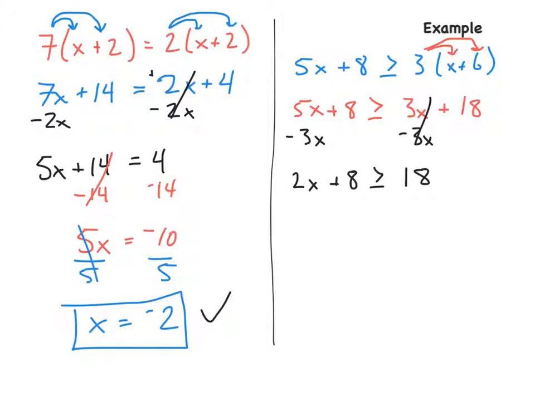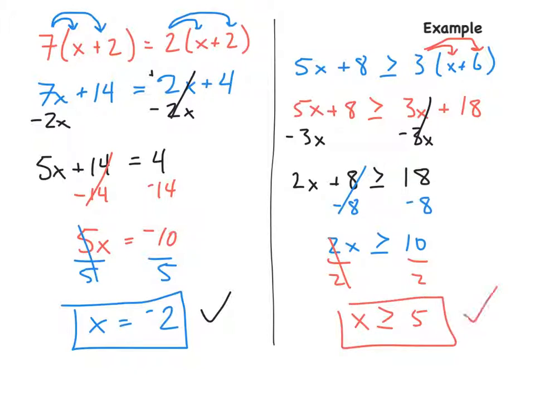Now we must move the constant over to the right. So we'll subtract 8 from both sides. All we have on the left is 2x is greater than or equal to 18 minus 8 is 10. Now we just need x by itself. Divide by 2. X is greater than or equal to 5. And this is our final answer.